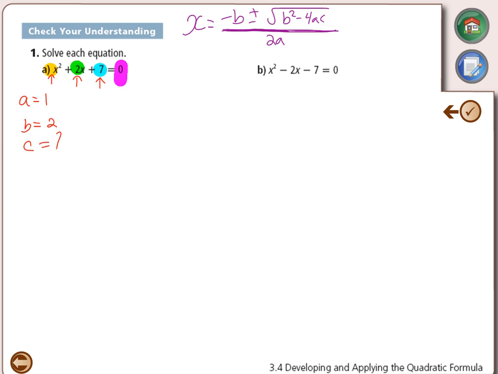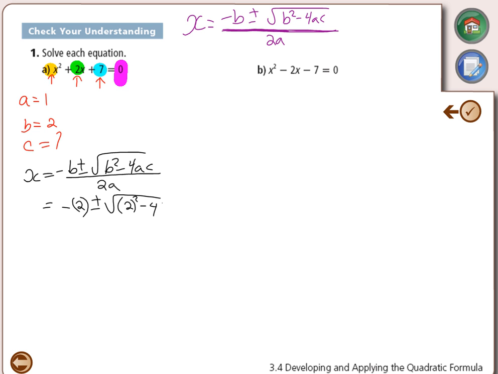So we want to write the formula on each question. Negative b plus and minus square root b squared minus 4ac all over 2a. Now we plug it in. Minus, there's the 2. Substitute with brackets always. 2 squared minus 4 times 1 times 7 all over, make sure that's extended, 2 times 1.